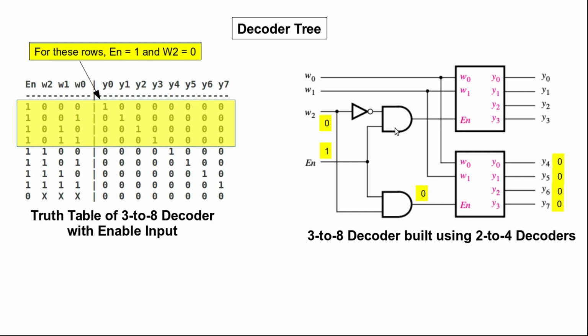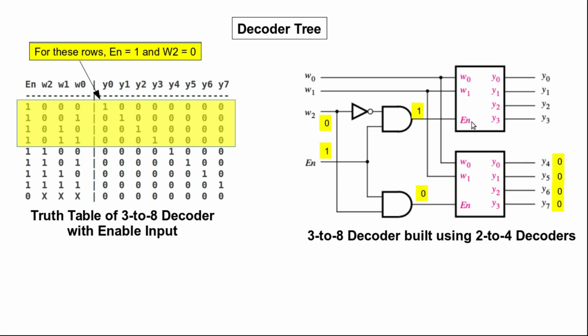All the outputs will be 0. However, for the first AND gate, the output will be 1 because both the inputs are equal to 1. This enable input is 1, so this input is 1. W2 is 0 and it goes through the inverter, so it also becomes 1. So both the inputs to the AND gate are 1 and hence the output of the AND gate is 1, which means our first 2 to 4 decoder is now enabled.